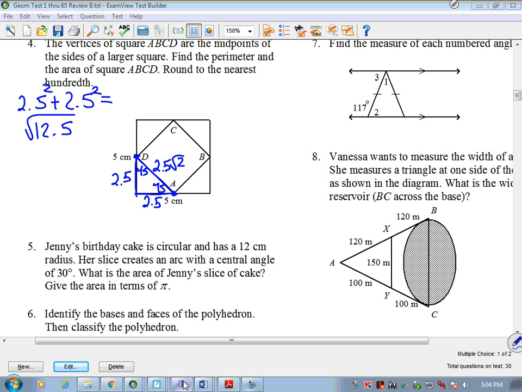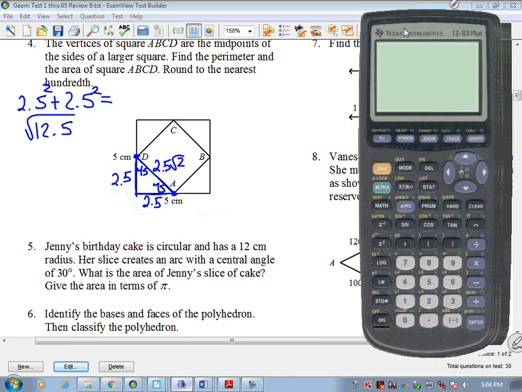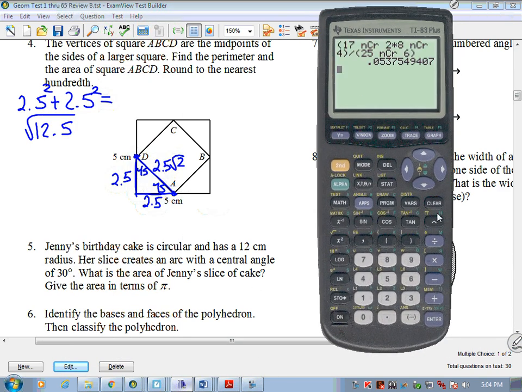So as I take my calculator and clear some things out, I got 2.5 square root of 2 times 4 will give me my perimeter. So 14.14. So P equals 14.14.